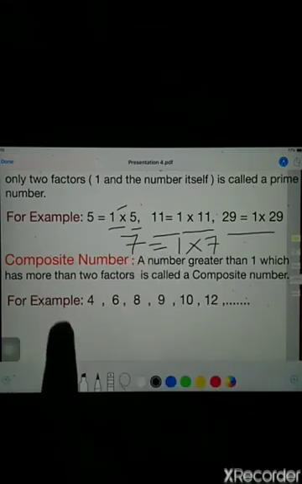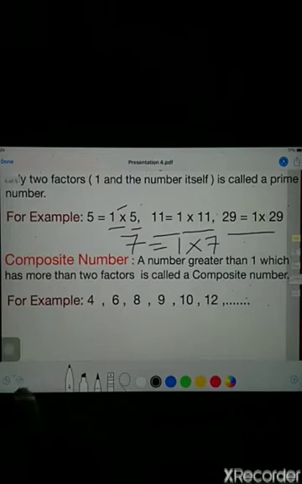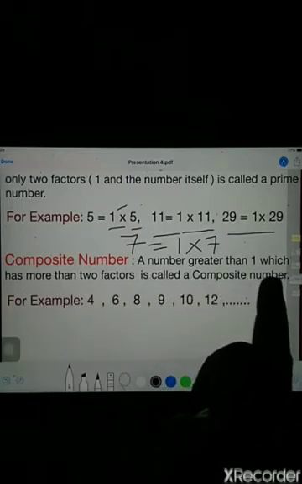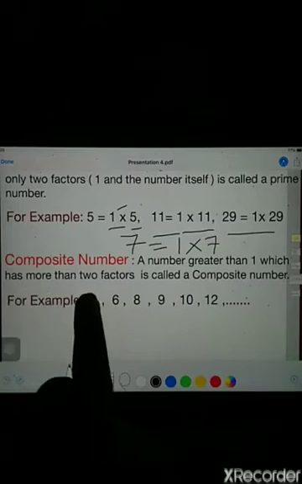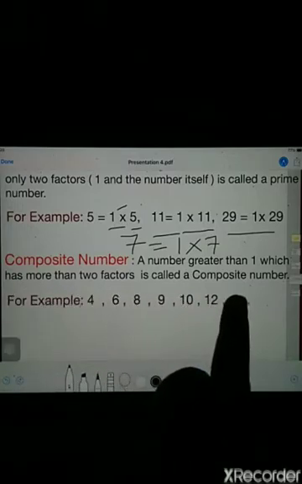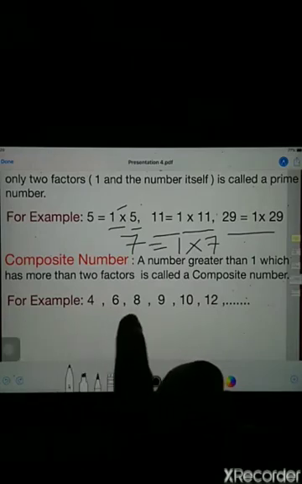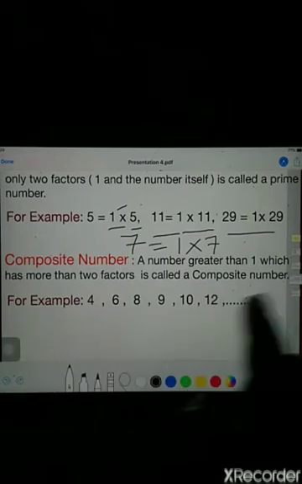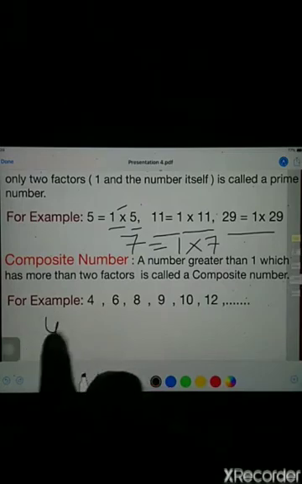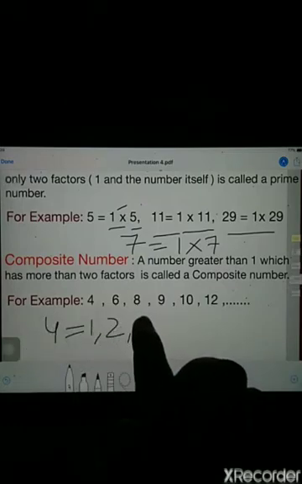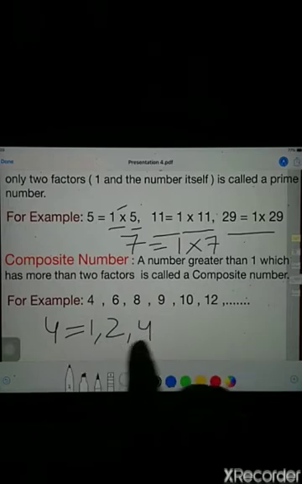Now our next type is the composite number. A number greater than 1 which has more than two factors is called a composite number. Any number having more than two factors, like 4, 6, 8, 9, 10, 12 and so on. Here 4 has 1, 2 and 4, more than two factors.